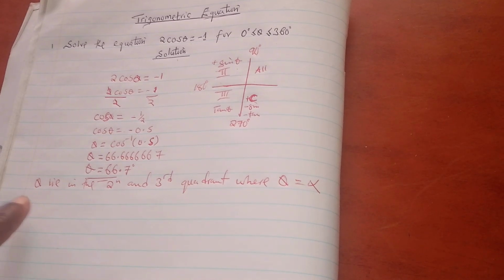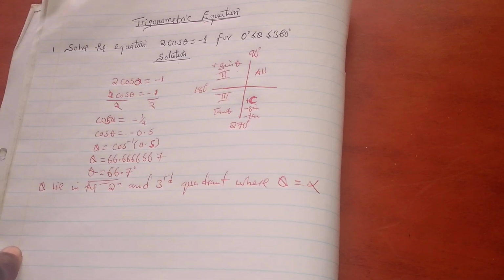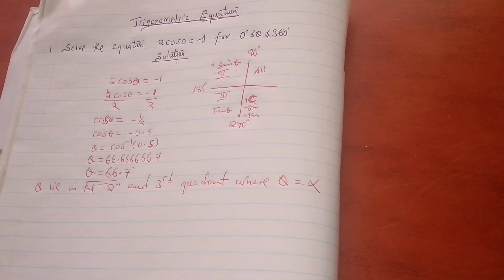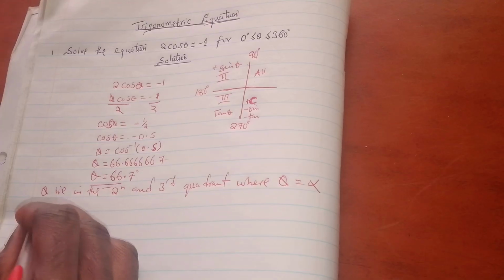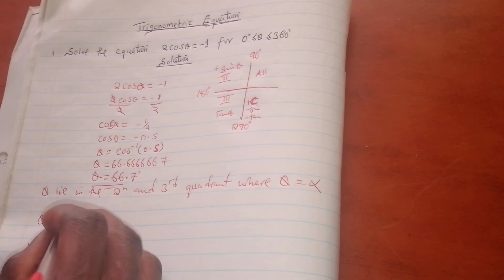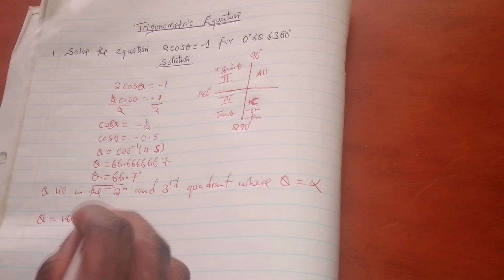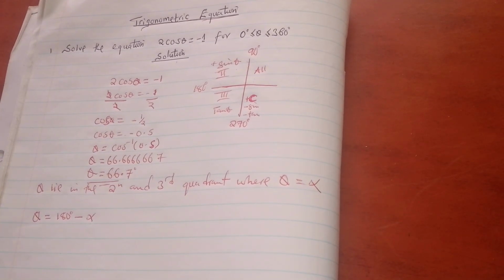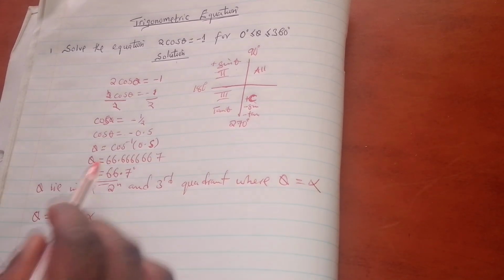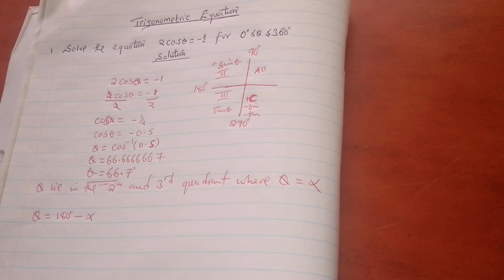Now let us solve the value of theta in the second quadrant. So in the second quadrant, we should say that theta is equal to 180 degrees take away alpha, where this alpha is the angle in the first quadrant, I mean.